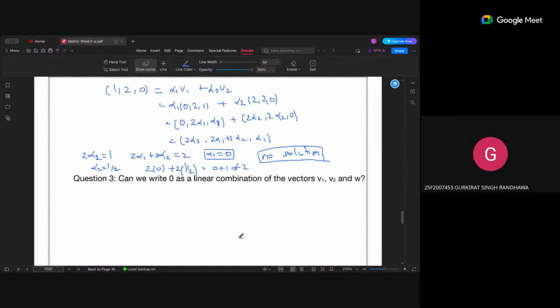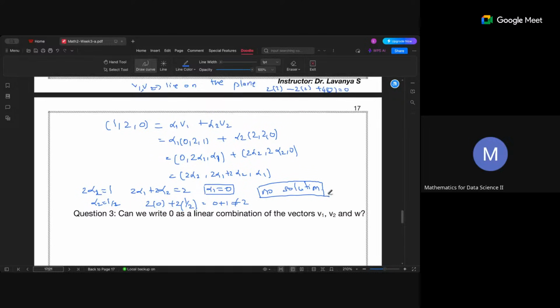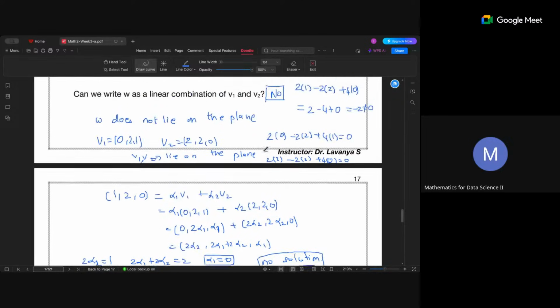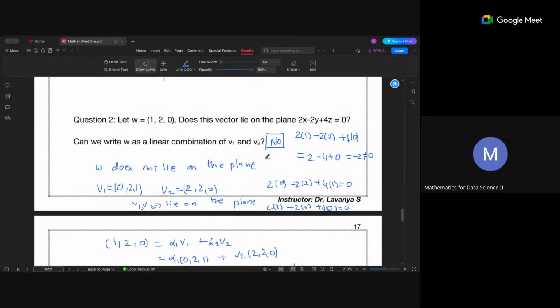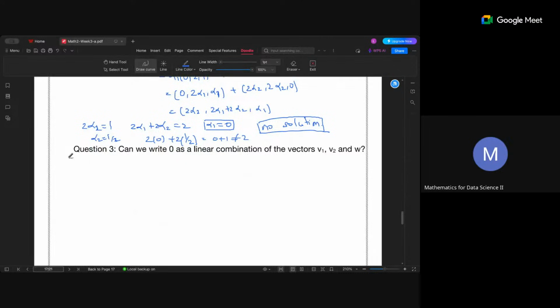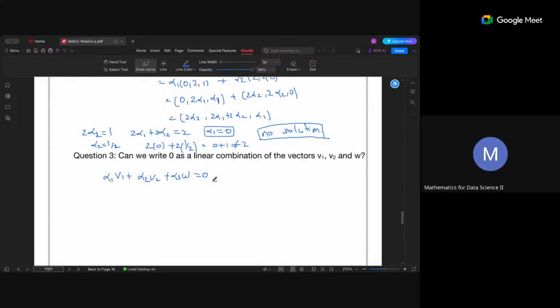Okay, fine. Now, can we write 0 as a linear combination of the vectors v1, v2, and w? So, alpha 1 v1 plus alpha 2 v2 plus alpha 3 w equal to 0. Is this possible? No. Why is it not possible?